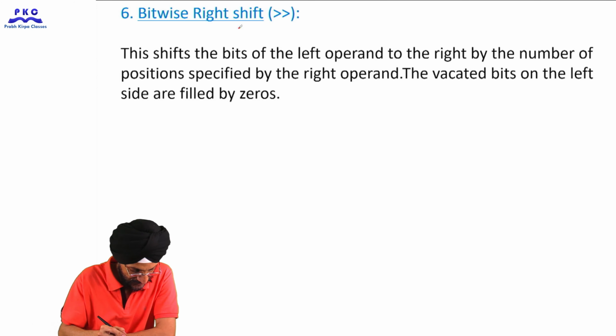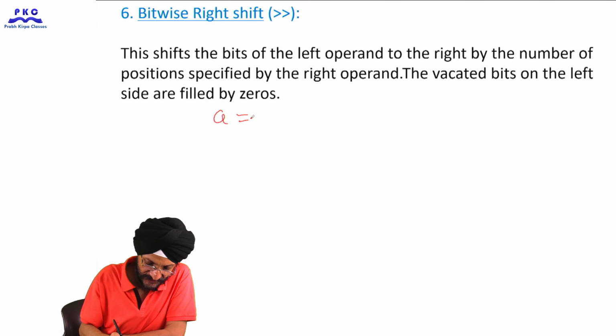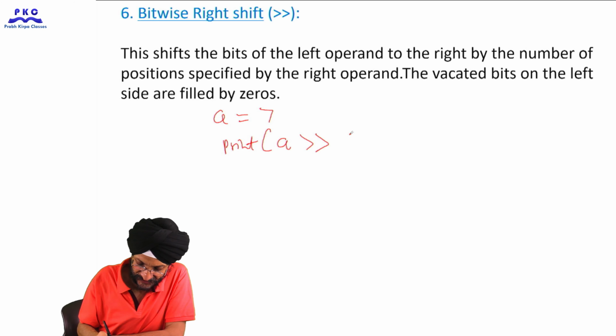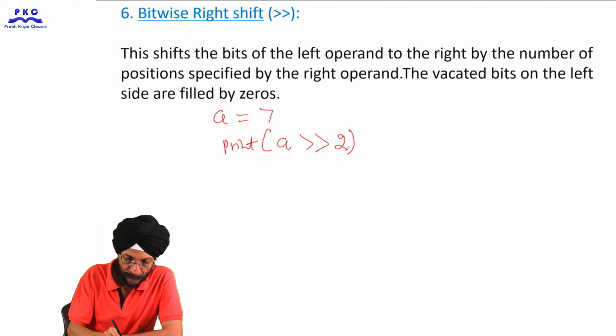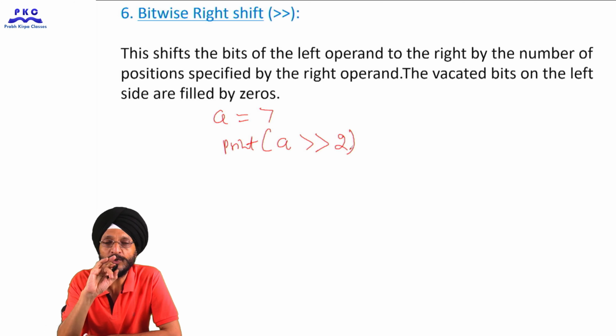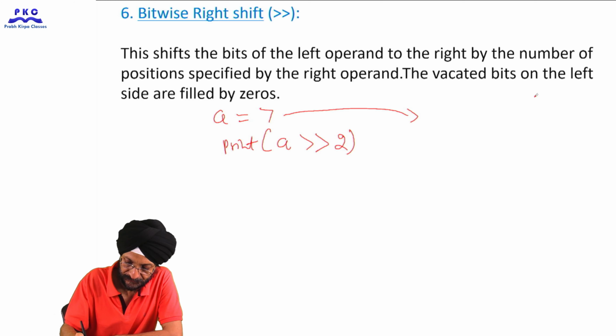Now we understand the same with the help of an example. Suppose a is given as 7. So now we are to right shift a, but it is given print a bitwise right shift 2. First of all we will convert this 7 into a binary number.